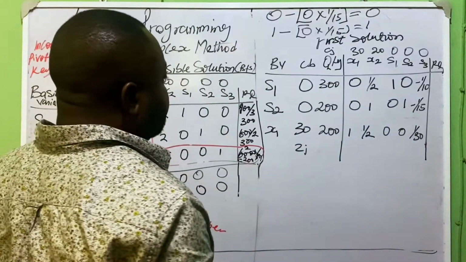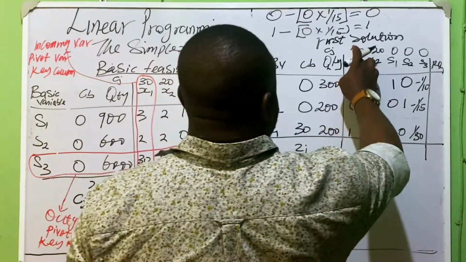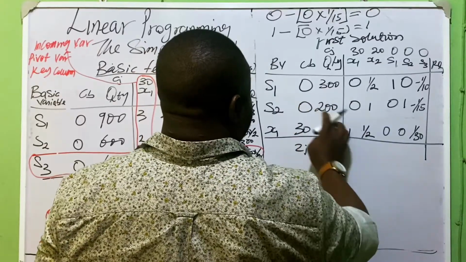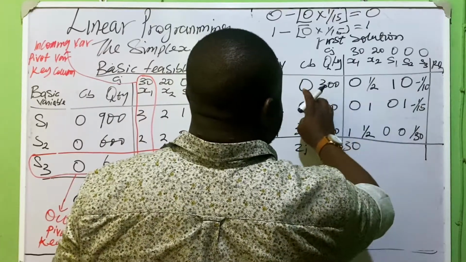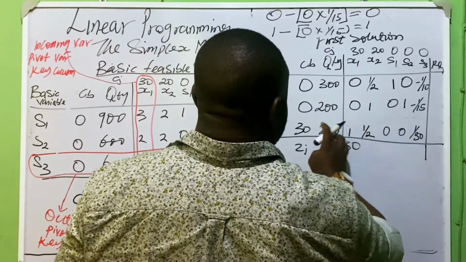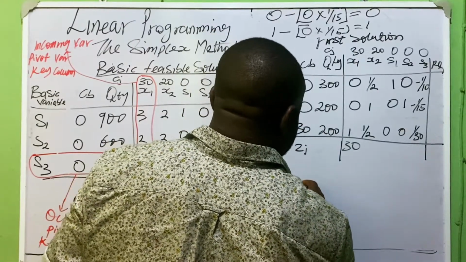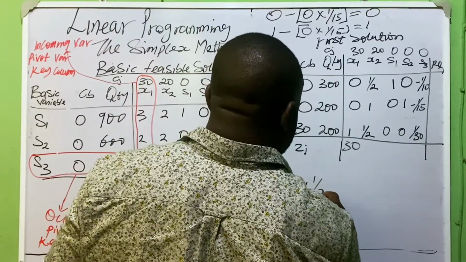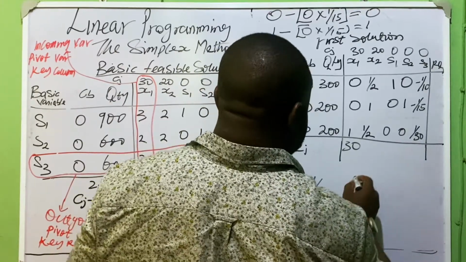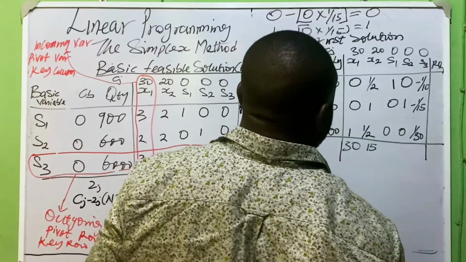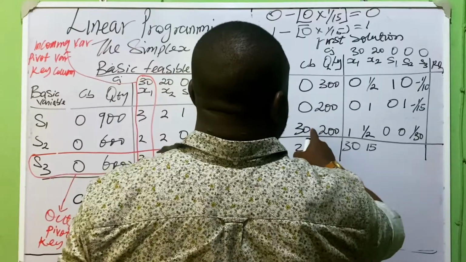Okay, so now our ZJ value for x1 will be 0 by 0 plus 0 by 0 plus 1 by 30, which will give me 30. This by this 0, this by this 0, 1 over 2 multiplied by 30, which is 30 divided by 2, which means we're going to have 15. Then this times this is 0, this times this is 0, this times this is also 0.